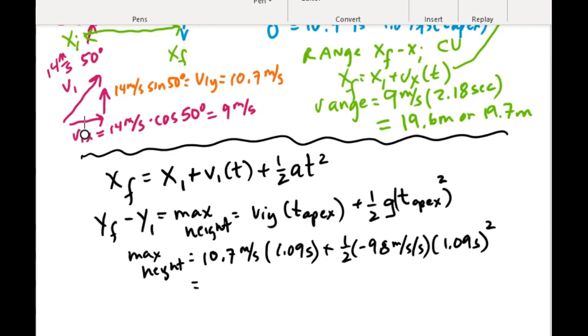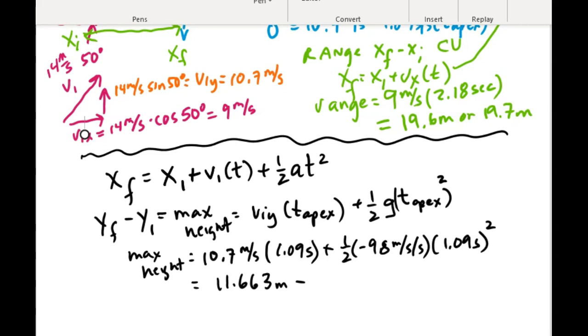We have 10.7 times, let me clear my calculator, 10.7 times 1.09. Okay, I get 11.663 meters. And then we've got 1/2 times our 9.8 times our 1.09.